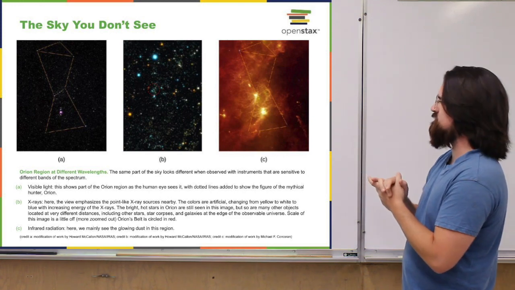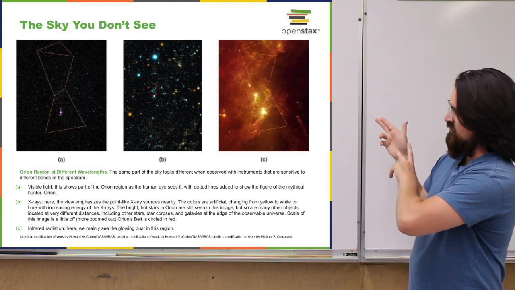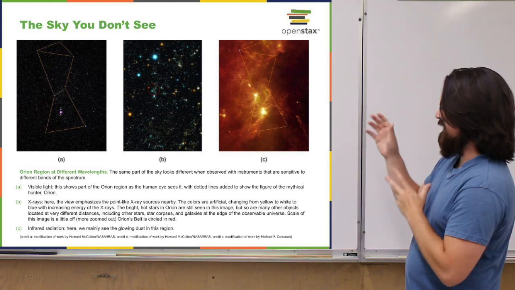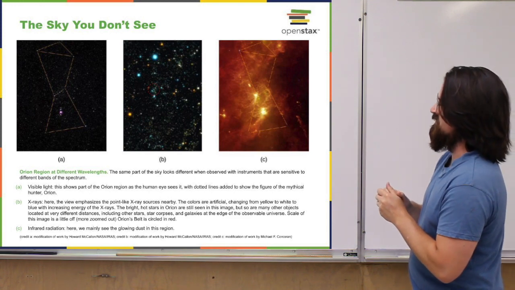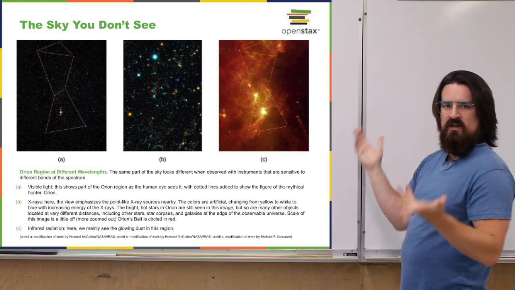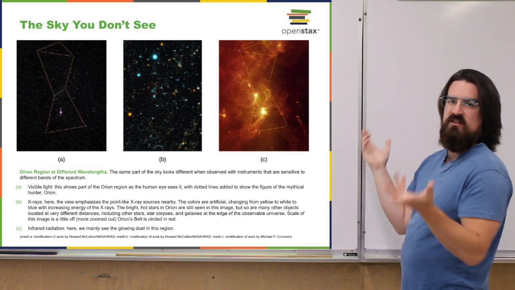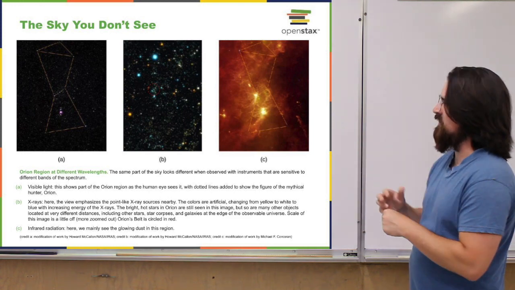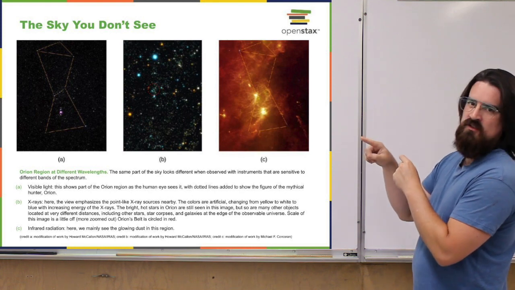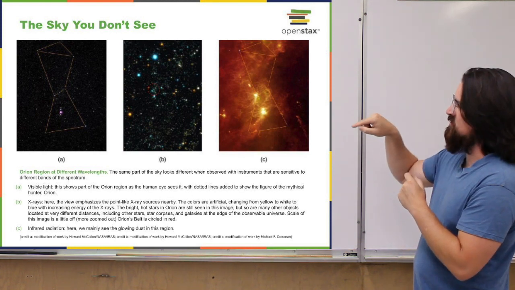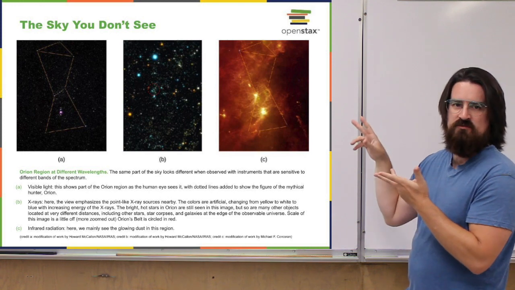That's visible light. In the middle, though, is X-rays, and maybe it seems a little bit similar to the optical one, but there are way more stars there. There are way more things that are visible there, and there are also ones that you don't really see as much, right? So some of the lower stars, along the bottom of the constellation of Orion, are barely even visible in X-ray.